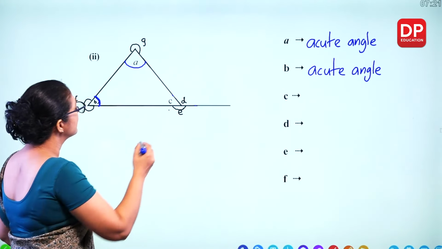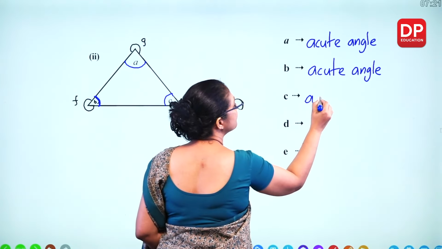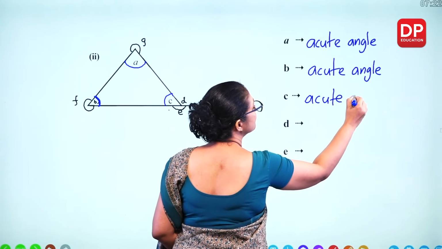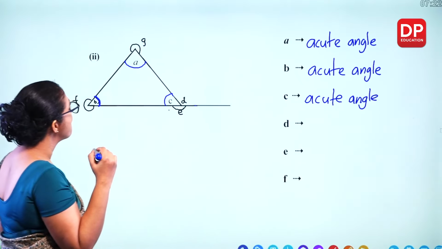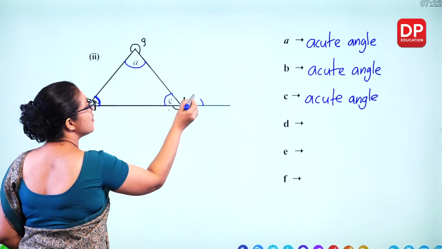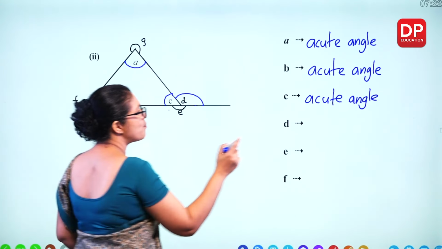C, less than a right angle, acute. D, this one, more than a right angle, we can say that's an obtuse angle.